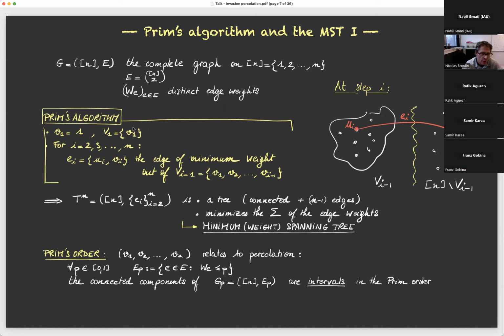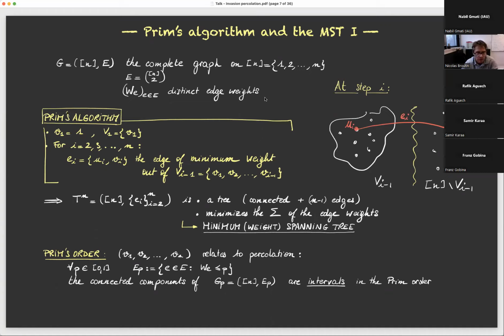Okay, so it turns out that if you do this algorithm, it creates a tree. And this tree happens to minimize the sum of the edge weights, which you can understand why it should be the case, because each time you add the cheapest edge. And so it turns out that the tree that you built is the minimum weight spanning tree. So this is the tree that minimizes the sum of the edge weights.